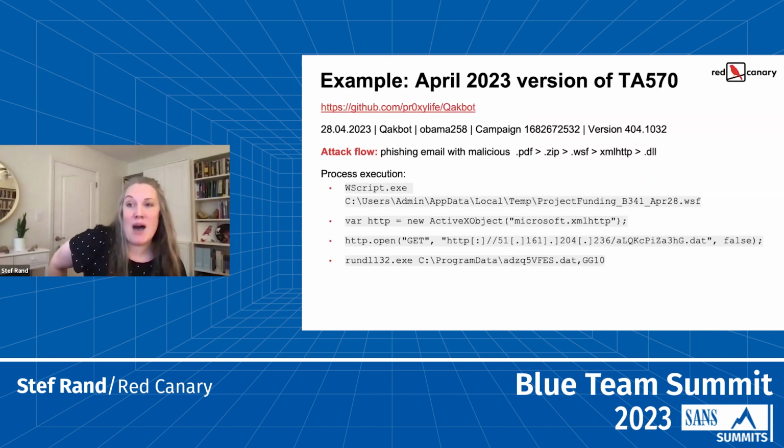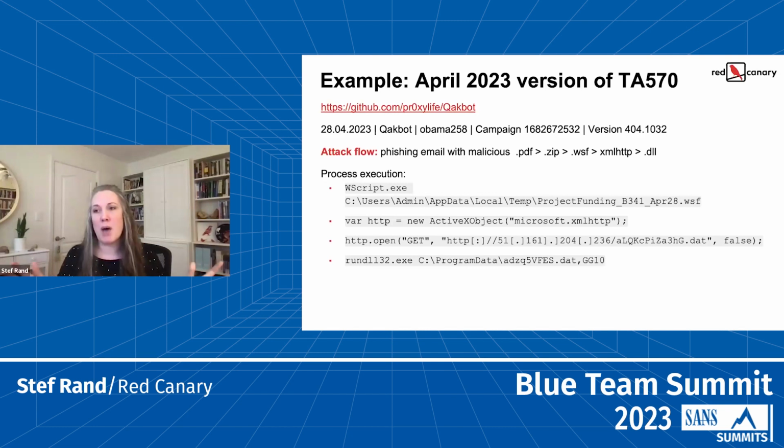So this is one of my favorite examples for the security community and open source intelligence really helping defenders. There is a community of malware analysts that shares their analysis on Twitter and on the internet. Proxy Life is one researcher that shares a ton of details, not only on Qbot, but they also, as you can see, have a Qbot repo.